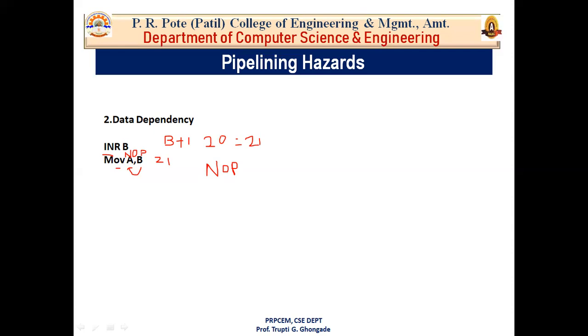So what will it do? While we are executing NOP, we get some time to complete instruction number 1, that is increment B. After some time, we will start executing instruction number 2.